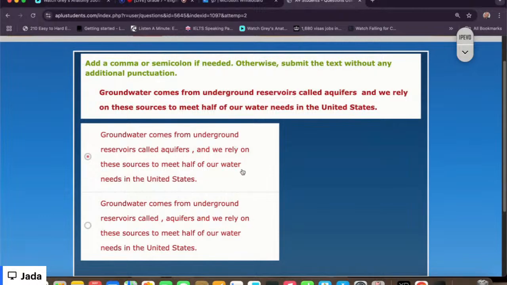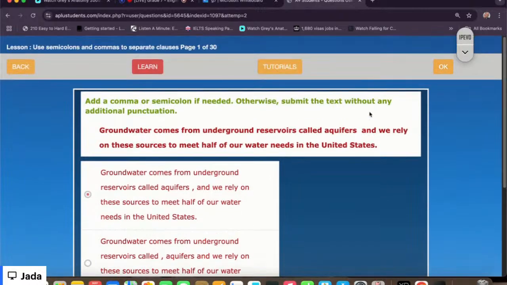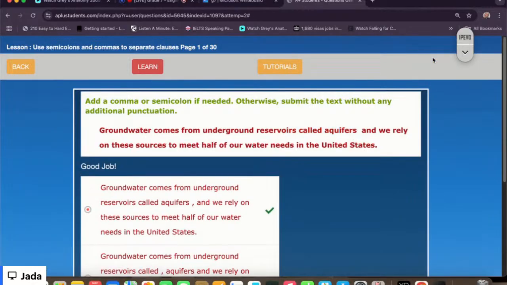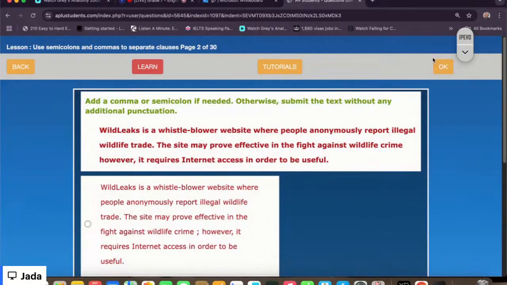We have the first, because we have to put a comma in between the independent clauses that have a coordinating conjunction.